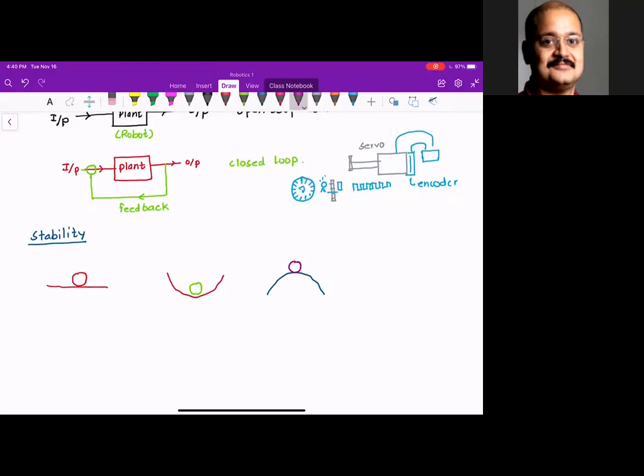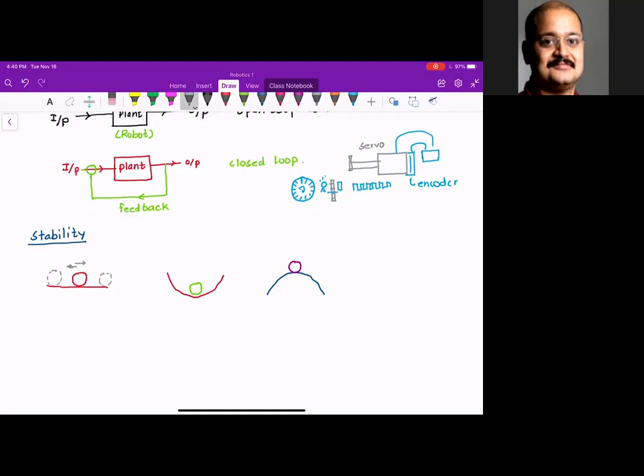Now I want you to understand what happens if this ball gets moved or perturbed. What happens if I push this ball towards right or towards left? In the flat case, if I nudge the ball left or right, the ball is going to go and sit either on the left or on the right.